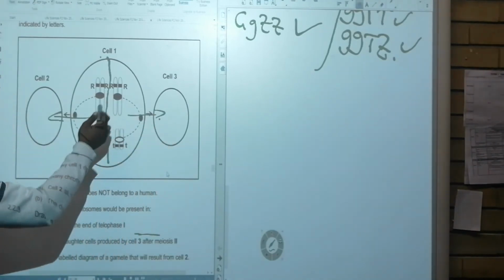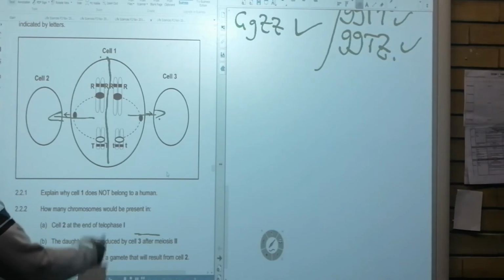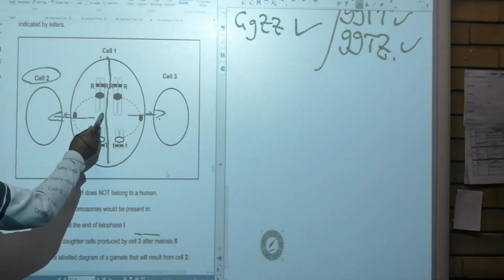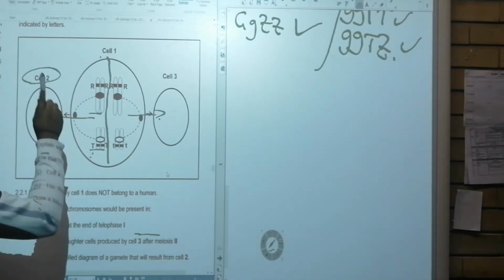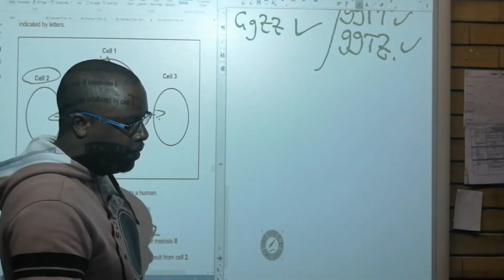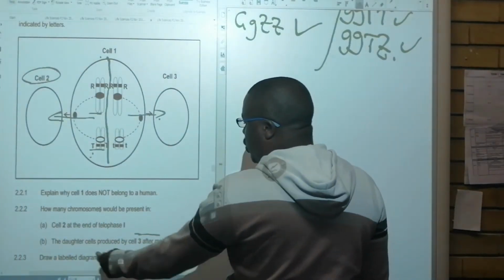How many chromosomes do we end up with in cell 2 at the end of telophase 1? We end up with 2. This is cell 2. How many chromosomes are coming this side? Chromosome 1, chromosome 2. So we end up with 2 chromosomes. How many chromosomes will be present in the daughter cells?